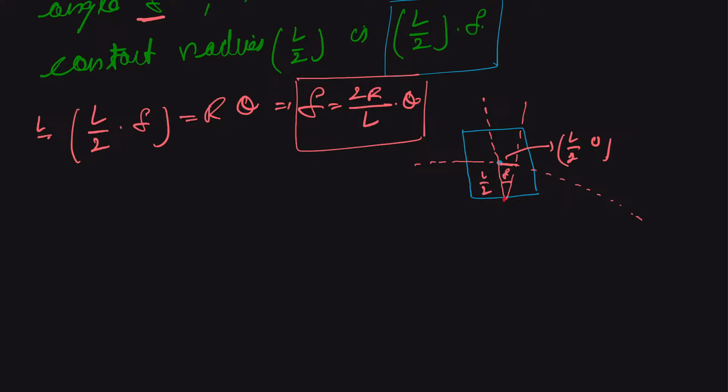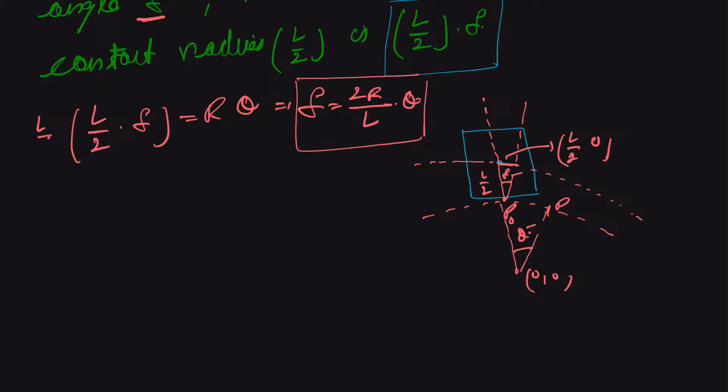The contact point is P. So this gives a relationship between the rotation of point P, which starts from P naught to this point P, and this is the center O, and this angle is theta. So we got the relationship between theta as well as delta.